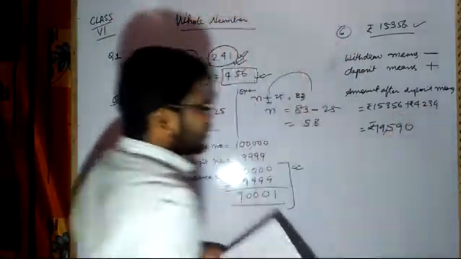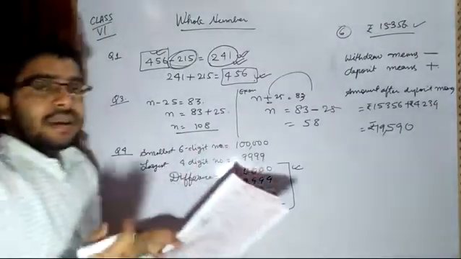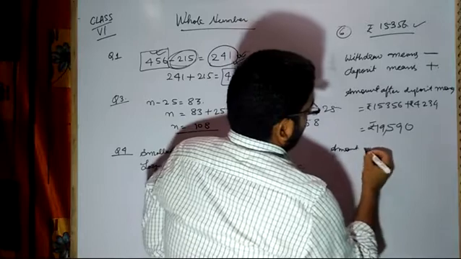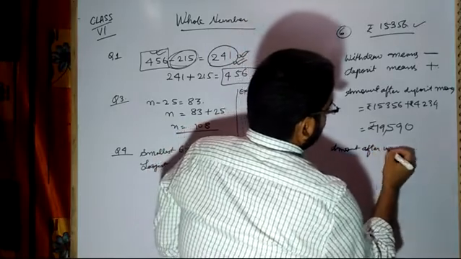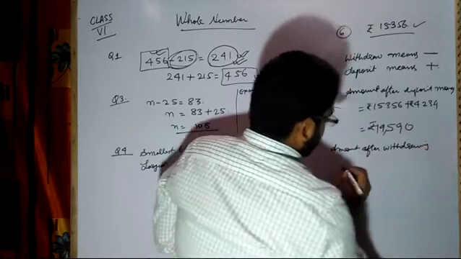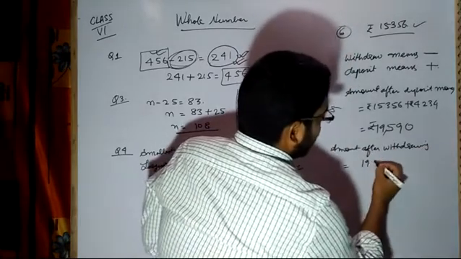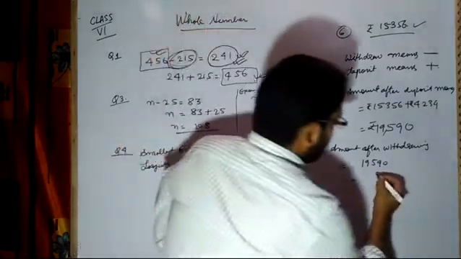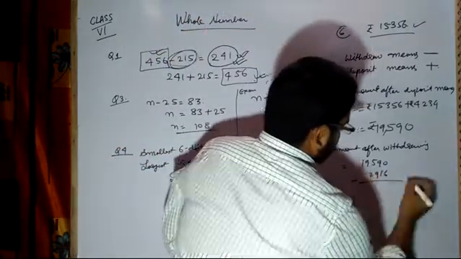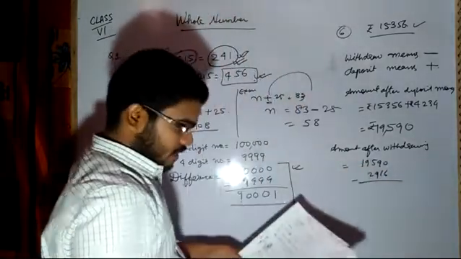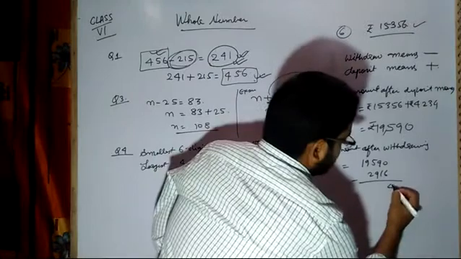Correct? Now what he does, he again withdraws. Then amount after withdrawing is equal to this much balance he is having after depositing, minus how much you have to do? You have to do 2,916. Or you can write here and then subtract. For you I am writing, and for me also it is convenient right now. So 10 minus 6 is 4.